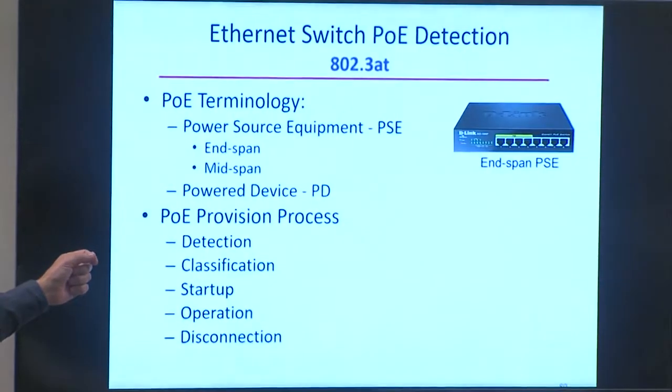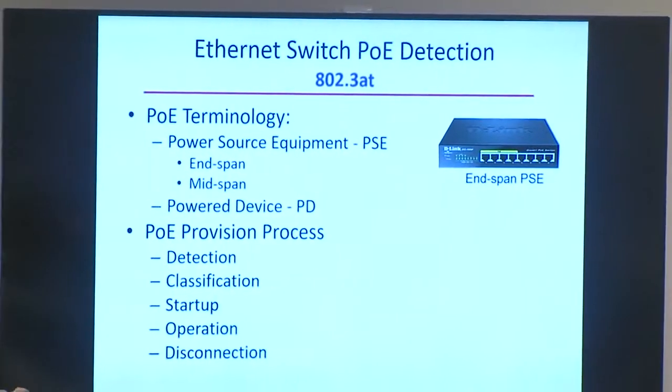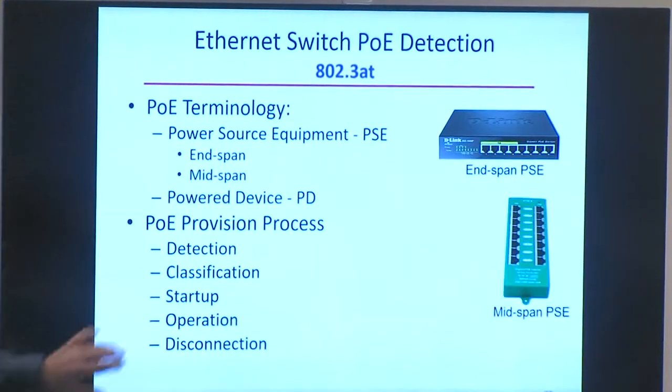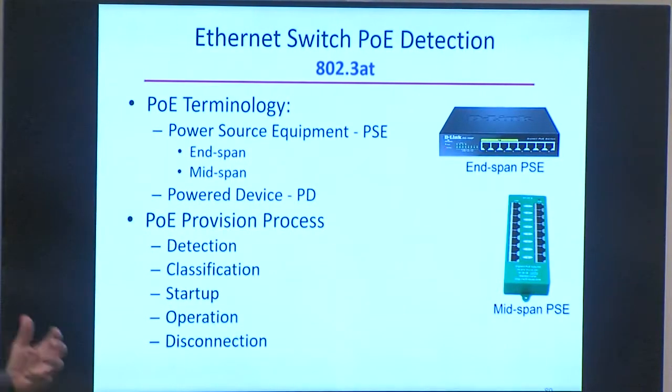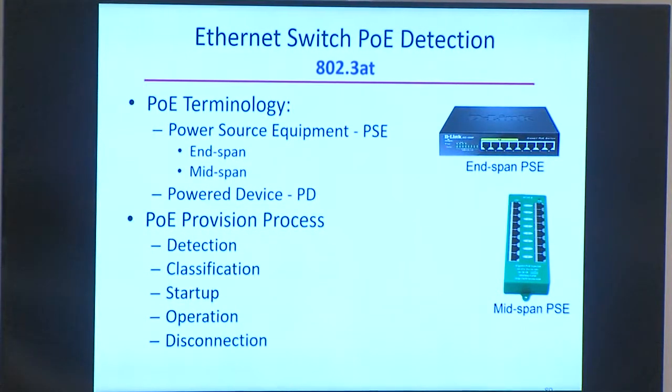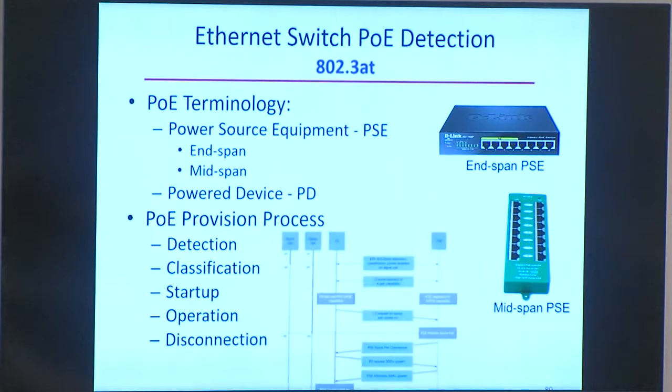Such an Ethernet switch that has PoE is referred to as an end-span PoE device. That power injector, remember that we could use externally, is referred to as a mid-span power injector or a power source device.